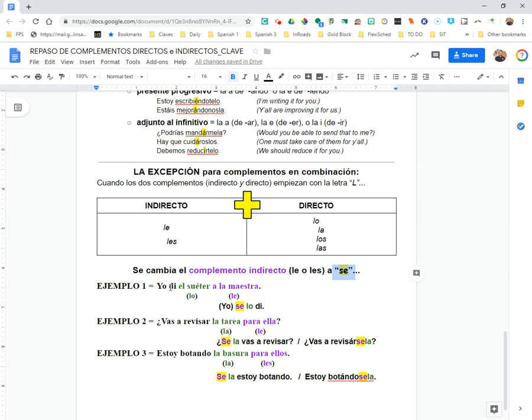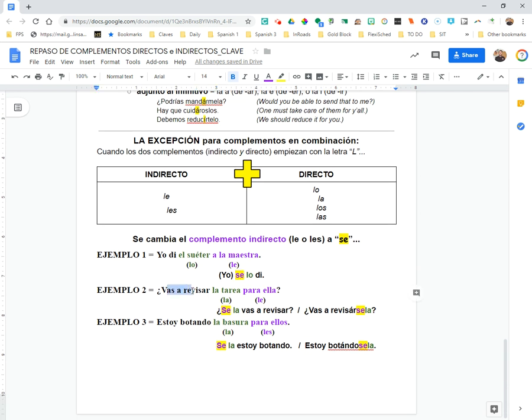So for example, yo di el suéter a la maestra. In this sentence, a la maestra, which would be le normally, we're going to change to se. Because you can't say lelo. So in this case, the example, I gave the sweater to the teacher would be yo se lo di. I gave it to her.